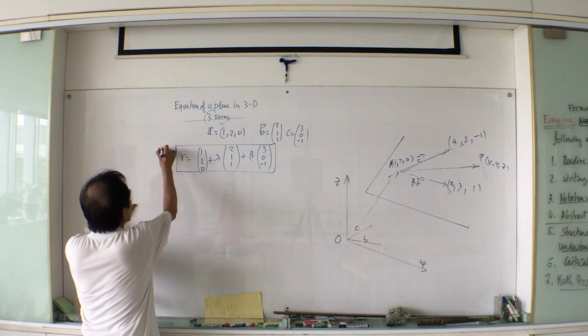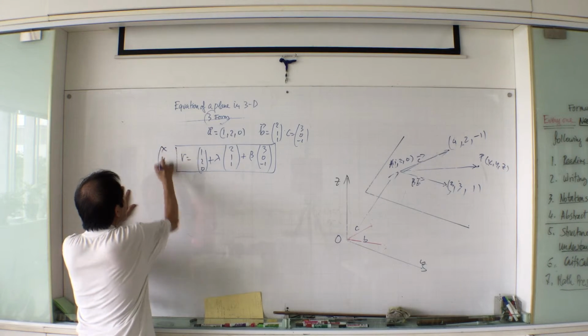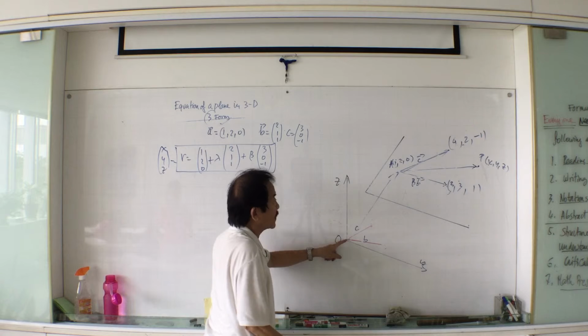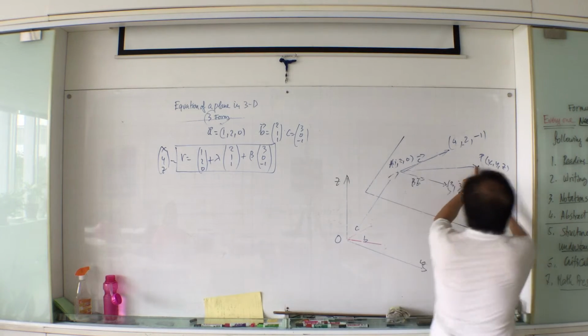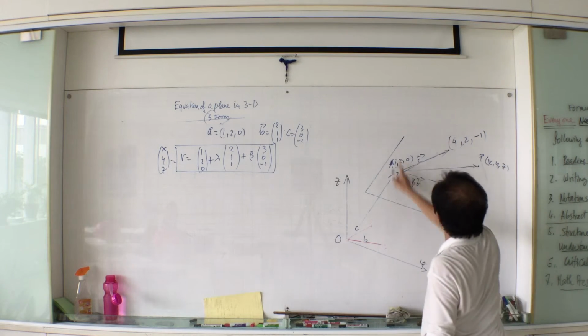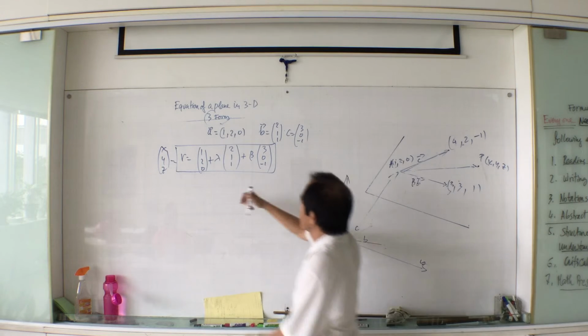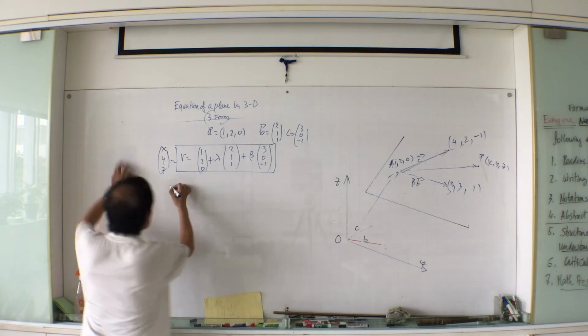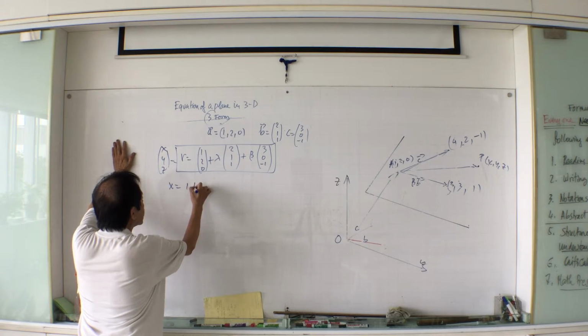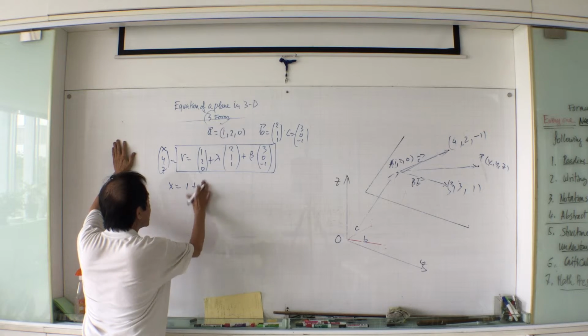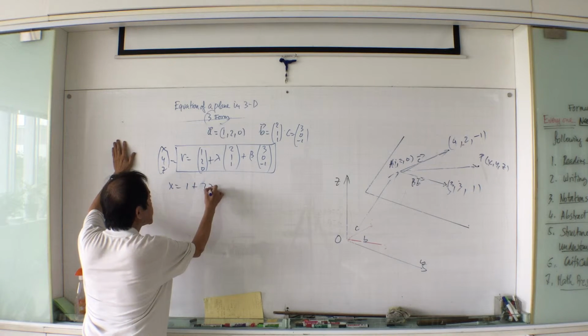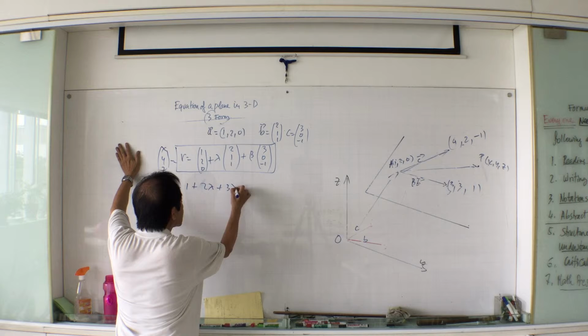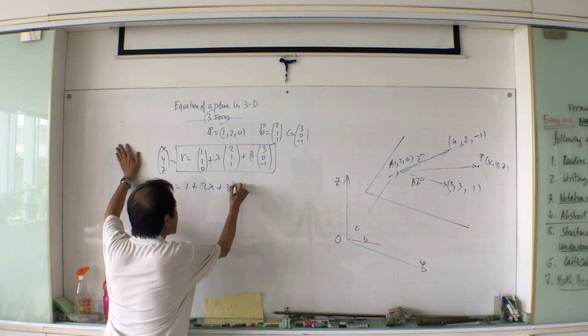Since r equals x, y, z, right? So r here is the vector from here to any point P here, which is x, y, z. P can jump all over the place, okay? So therefore x equals 1 plus lambda, 2 lambda. Now I change a little bit, 2 lambda plus 3 beta, okay?